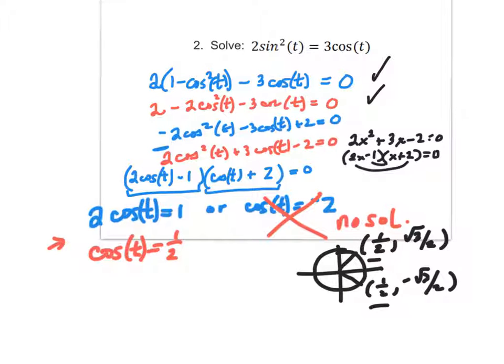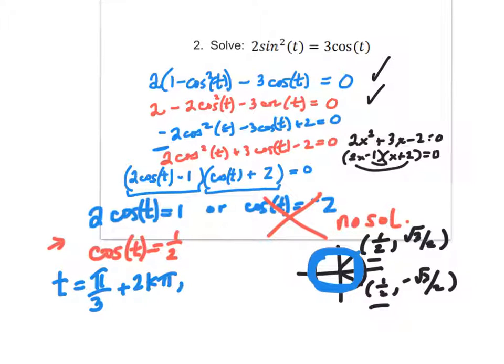So now we could come back and write our solution for t. So t there is going to be equal to, in our first quadrant, pi over 3 plus 2k pi to pick up all of the different rotations, either in a forward position or in a reverse position, right? That'll pick all of these up that we need.